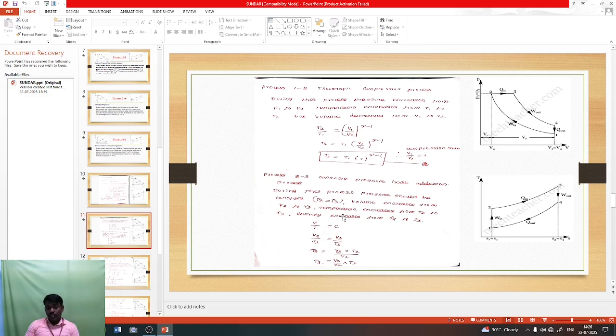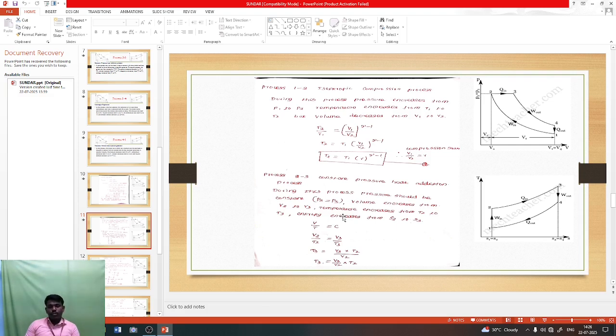It is the total volume of the cylinder divided by the clearance volume. The total cylinder volume means swept volume plus clearance volume. V1 means the total cylinder volume and V2 means the clearance volume. So the compression ratio R is the ratio of the total volume of the cylinder to the clearance volume.